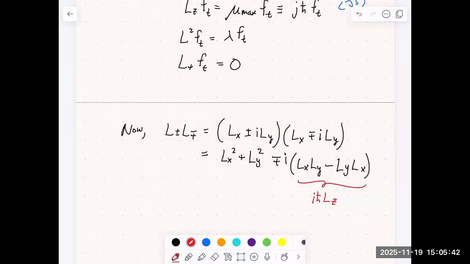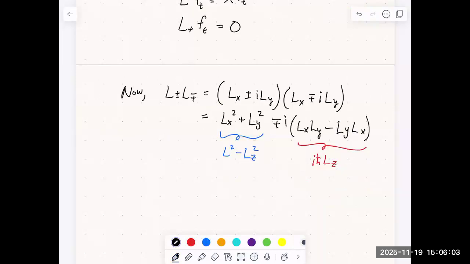Okay. But we could write this in a nicer way. If this was Lx squared plus Ly squared plus Lz squared, we would just say that's L squared. So I'm going to say this is L squared minus Lz squared. So L plus minus L minus plus is equal to L squared minus Lz squared.